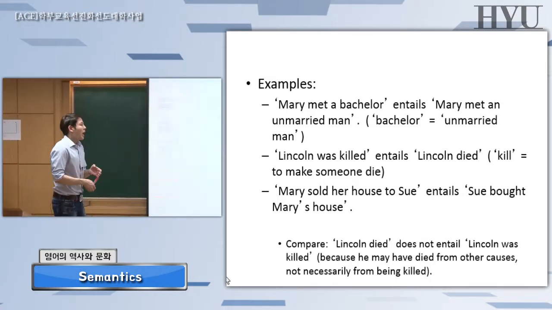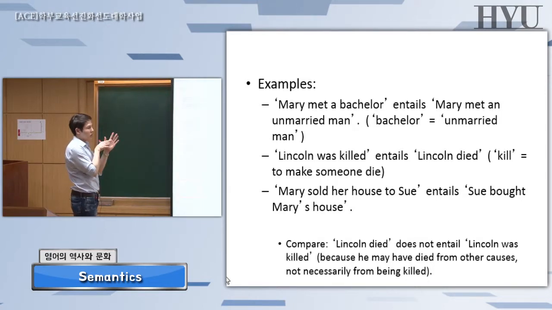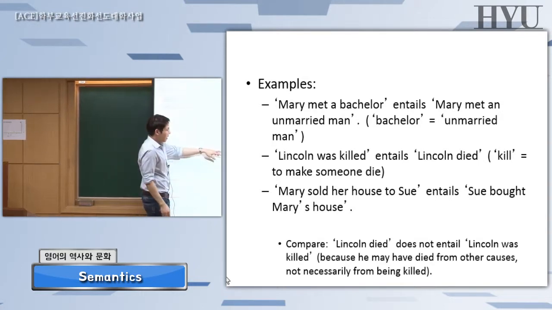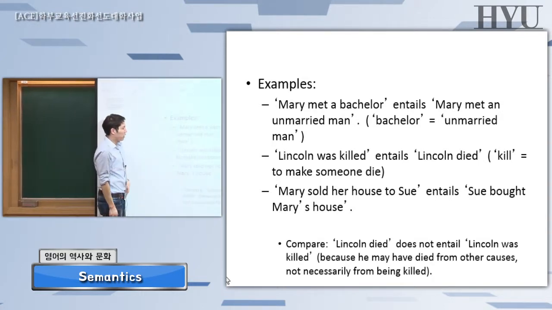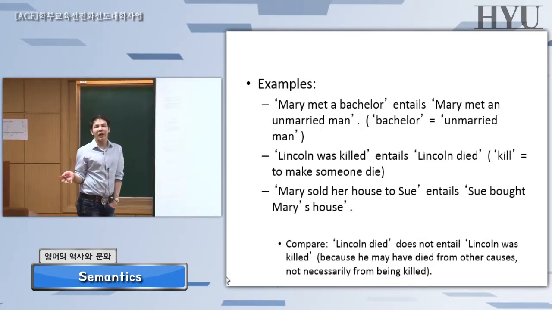Now the relationship of entailment is usually, not always, but usually one way, unidirectional. Lincoln was killed entails Lincoln died. If someone got killed, someone died, for sure.